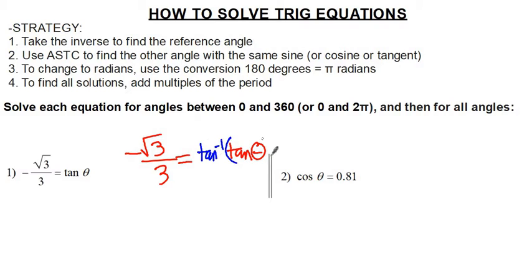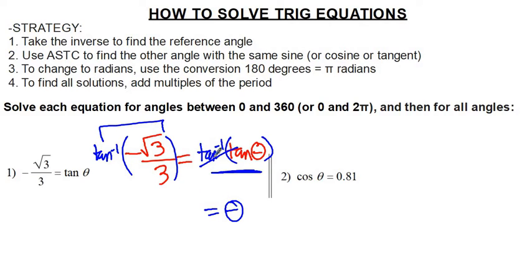It means opposite. So if we take the tangent of something and then we take the inverse tangent, those cancel each other out. And then over here, we'll take the inverse tangent of the other side, because whatever we do to one side has to be done to the other. And now on the right side, all we have is theta. On the left side, this is going to give us an angle. Remember, inverse functions give us an angle. It tells us what number has a tangent of negative root 3 over 3.